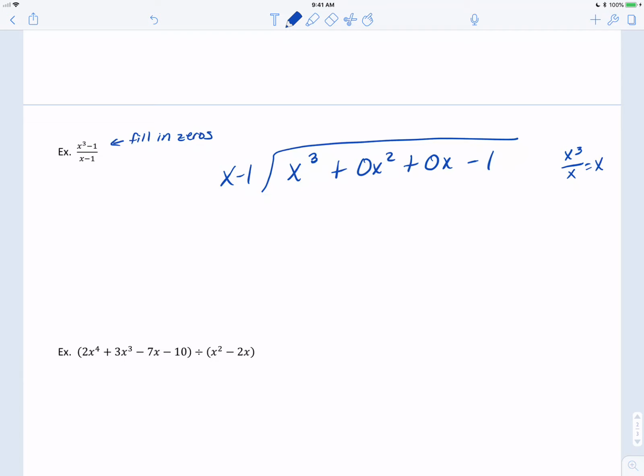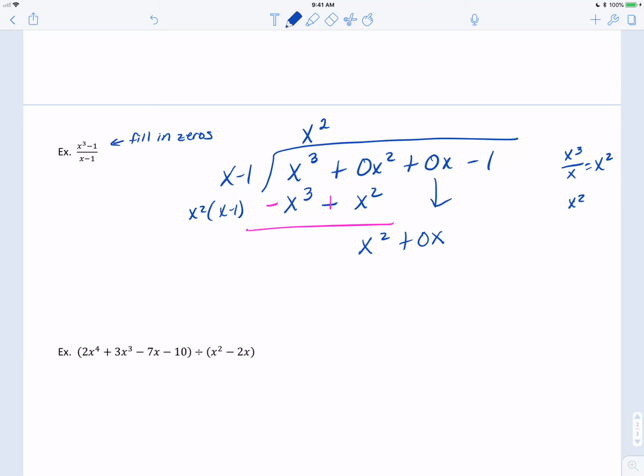So I'm just going to work it. X squared times the x minus 1. That leaves me with an x squared plus, bring down the next term.